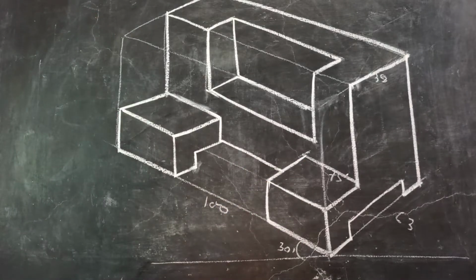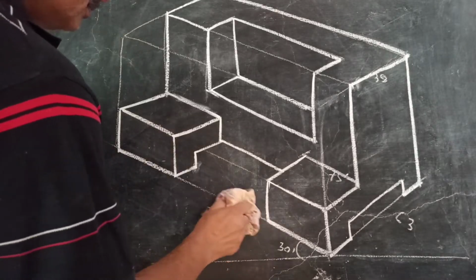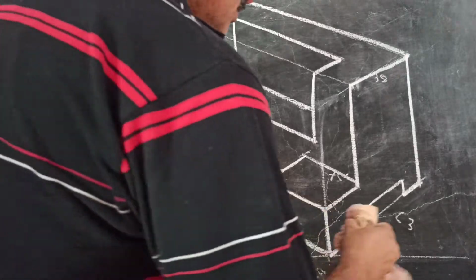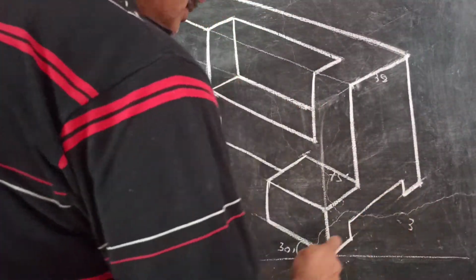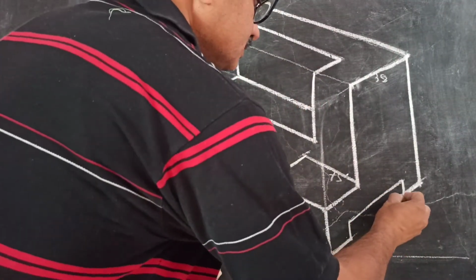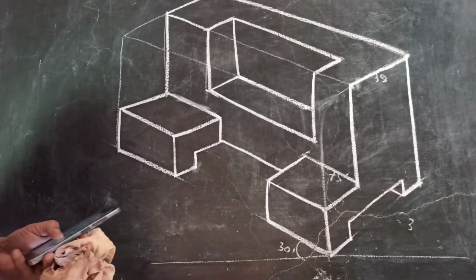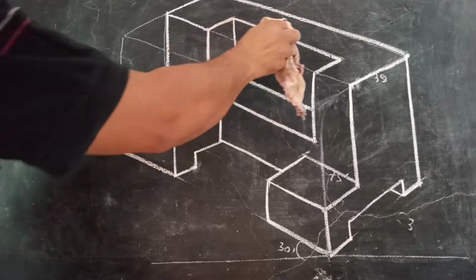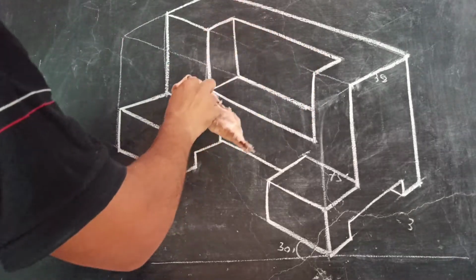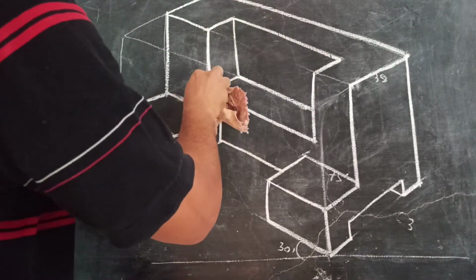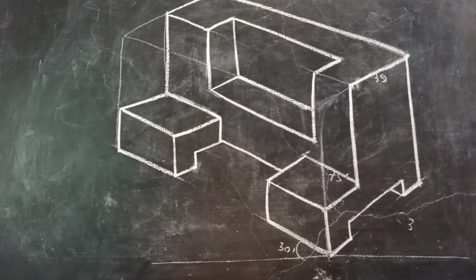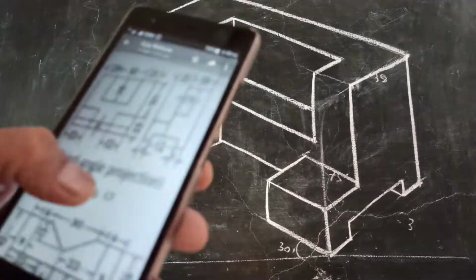So this is what the problem is. You can rub this. Then there is a small line here which is parallel to this, like this. So this is the isometric of this problem, this one.